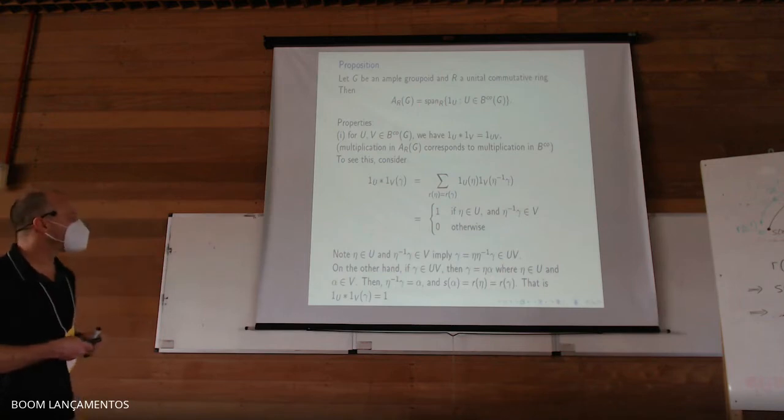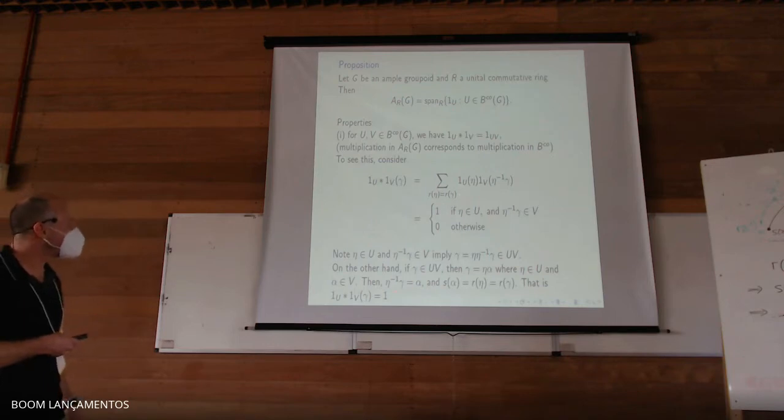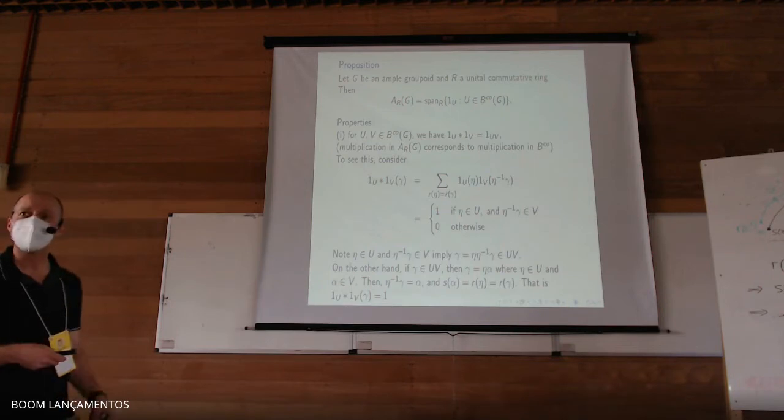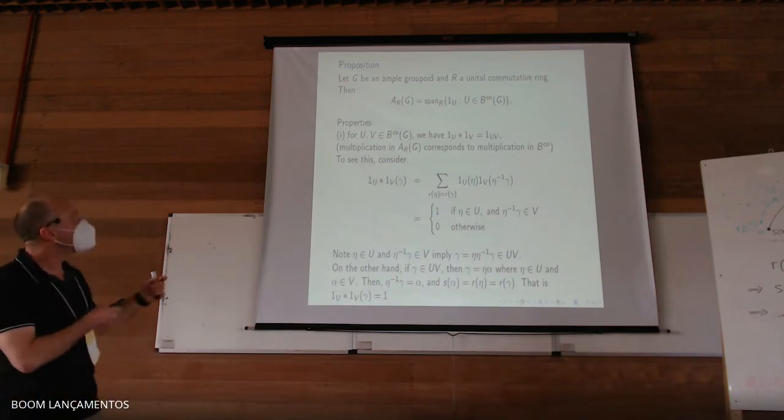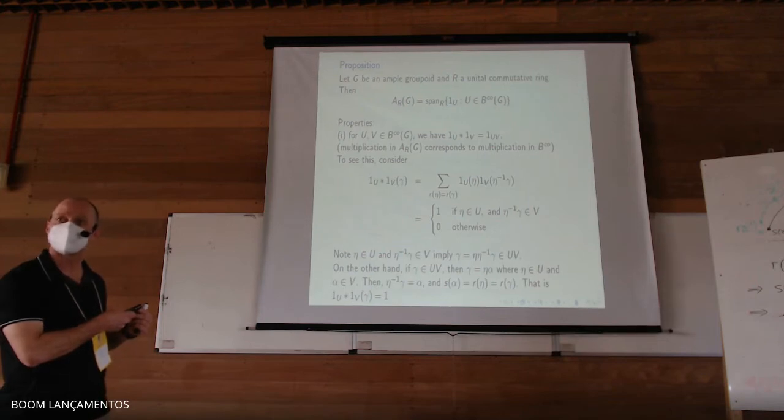But that means the source of alpha must be equal to the range of eta, and that must be equal to the range of gamma, right? So this is exactly the expression that we have in this sum. In other words, for this particular gamma that we started off with, this expression is 1. Which shows us that this kind of product amounts to exactly the characteristic function on the product in the inverse semigroup sense. All right.